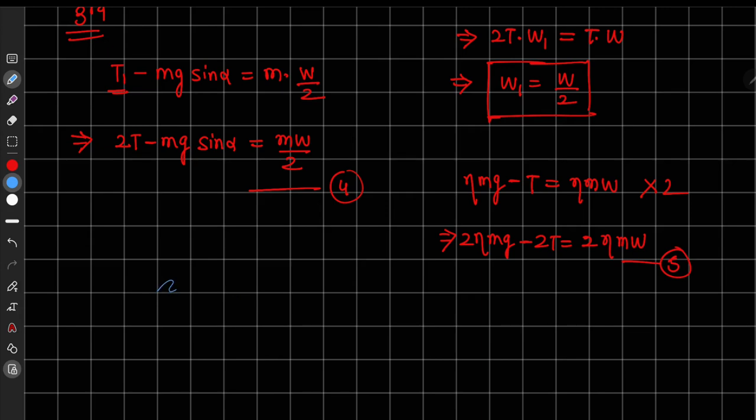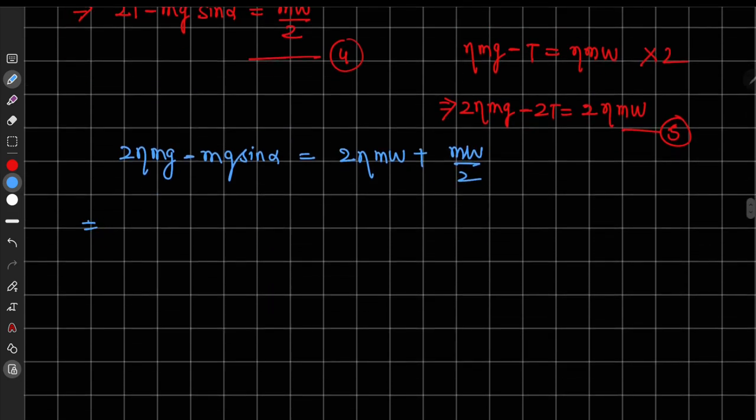So we will get 2 times eta mg minus mg sine alpha is equal to 2 times eta mw plus mw by 2. Okay, so let us take the common mg from here. So we will get mg times (2 eta minus sine alpha) is equal to, if we take mw common from here, we will get (2 eta plus 1 by 2).